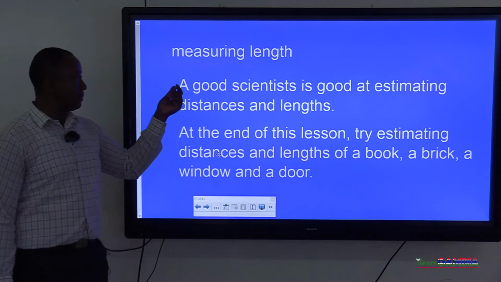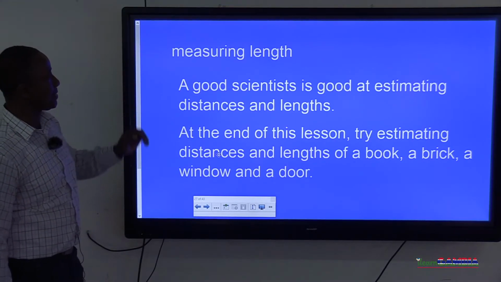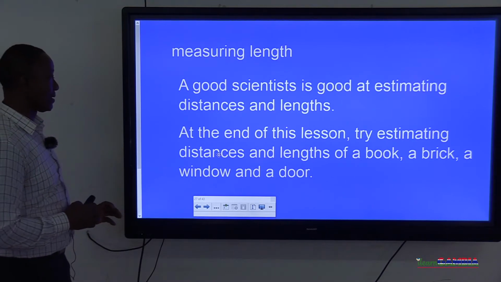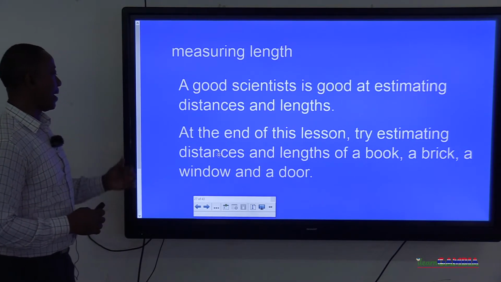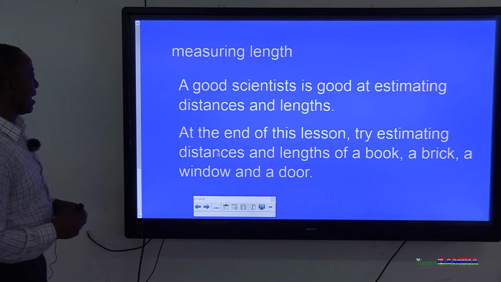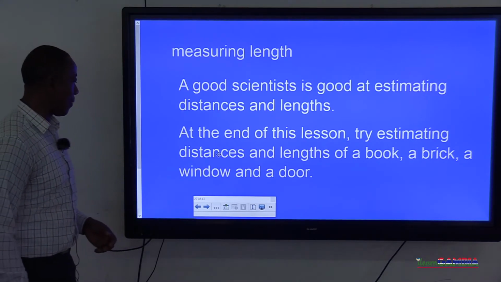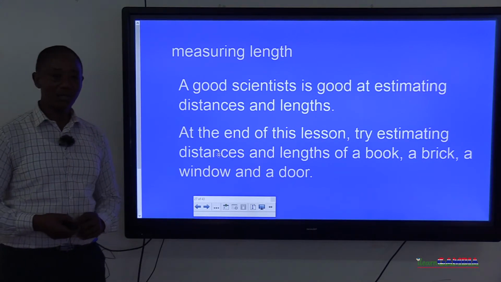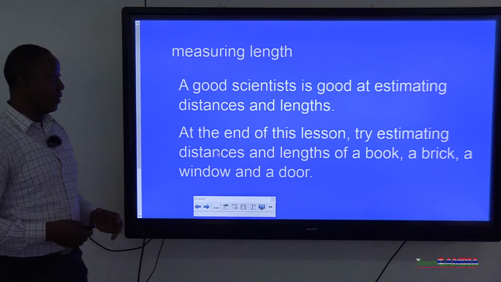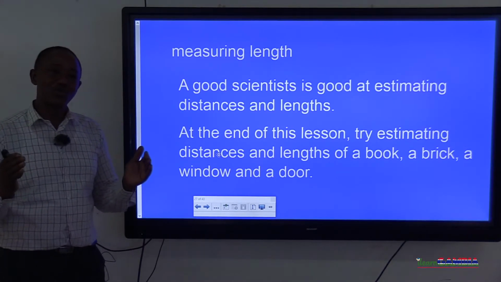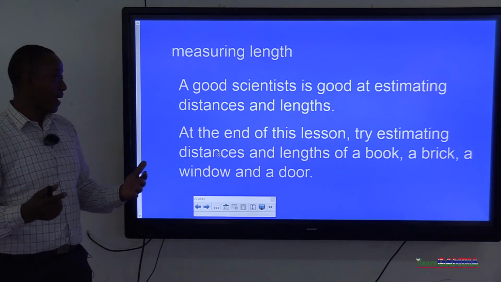So for length, a good scientist should be good at estimating distances and lengths. At the end of this lesson, try estimating distances and lengths of a book, a brick, a window, and a door. So simply, we're trying to say as a scientist, you should be able to estimate distances.